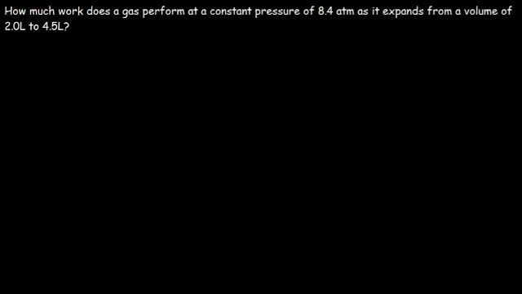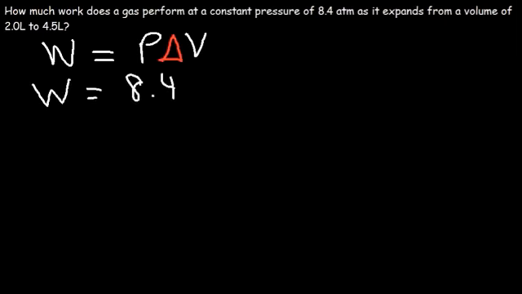Let's try this problem. How much work does a gas perform at a constant pressure of 8.4 atm as it expands from a volume of 2 liters to 4.5 liters? Under constant pressure conditions, we can use this equation once more. Work is equal to pressure times the change in volume.